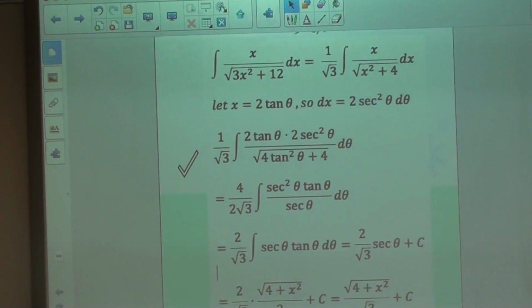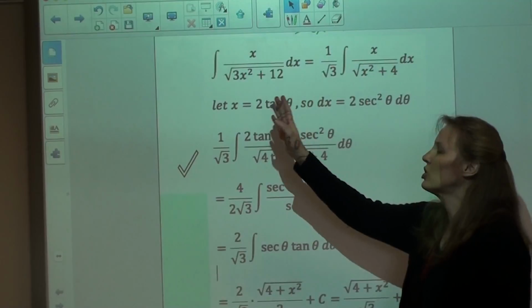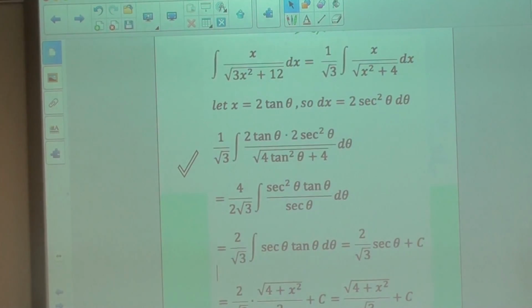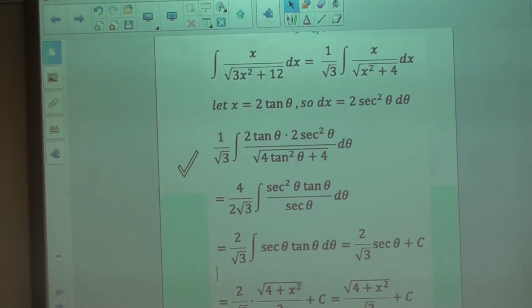You have to be very meticulous and intentional with your dx and your d theta replacement, right? Very, very meticulous with it. I don't know about Mr. Thomas or his students, but I know with my students, so many of you do not write the dx when you write your integrals, and it's really important.